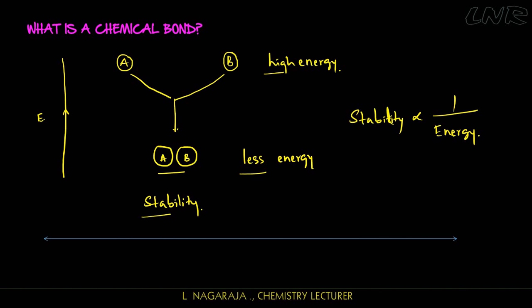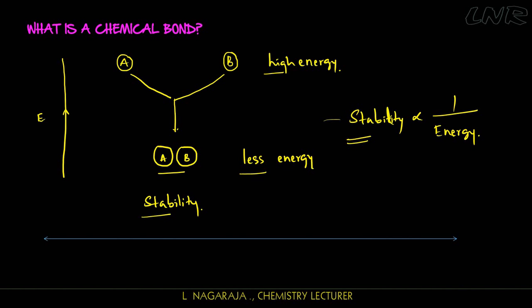The greater the energy of the molecule, the lesser the stability, and the lesser the energy, the greater the stability. So why do atoms combine? Atoms combine in order to attain more stability.